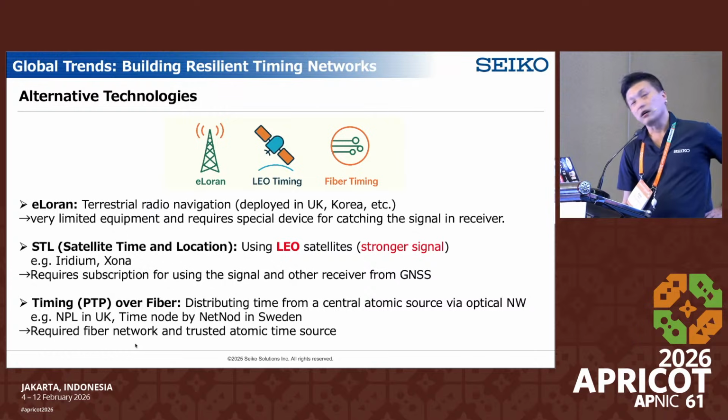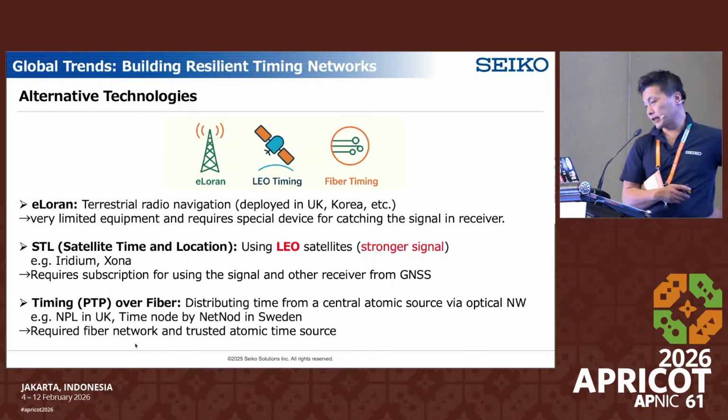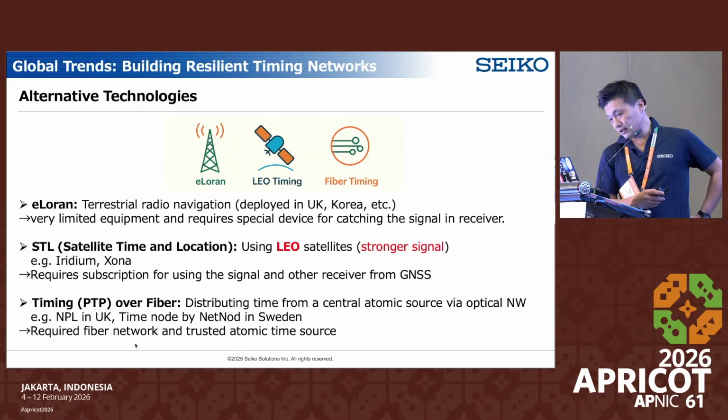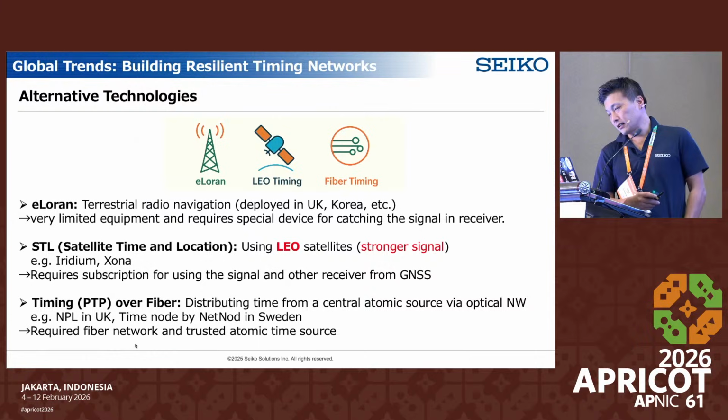Okay, several alternative technologies are being explored. One is eLoran, a terrestrial radio-based timing system. Another is satellite systems. People might think of Starlink, but basically Starlink cannot provide timing because there are too many satellites for catching a timing signal.